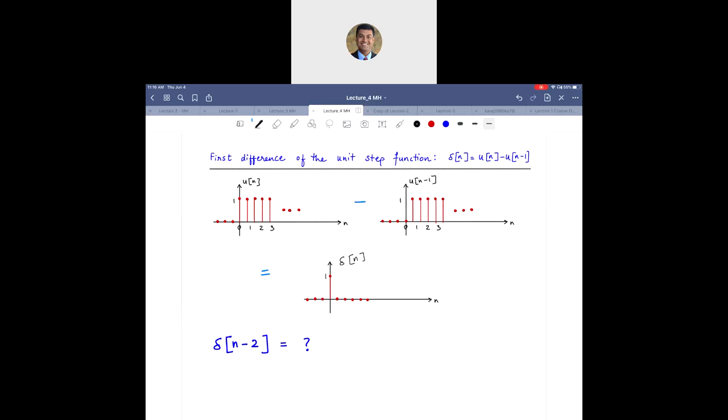Now, a quick example here. What is delta of n minus 2 going to be? Well, can I represent delta of n minus 2 in the form of unit steps? Instead of n, I now have n minus 2. So this would be u of n minus 2 minus u of n minus 2 minus 1, so n minus 3.